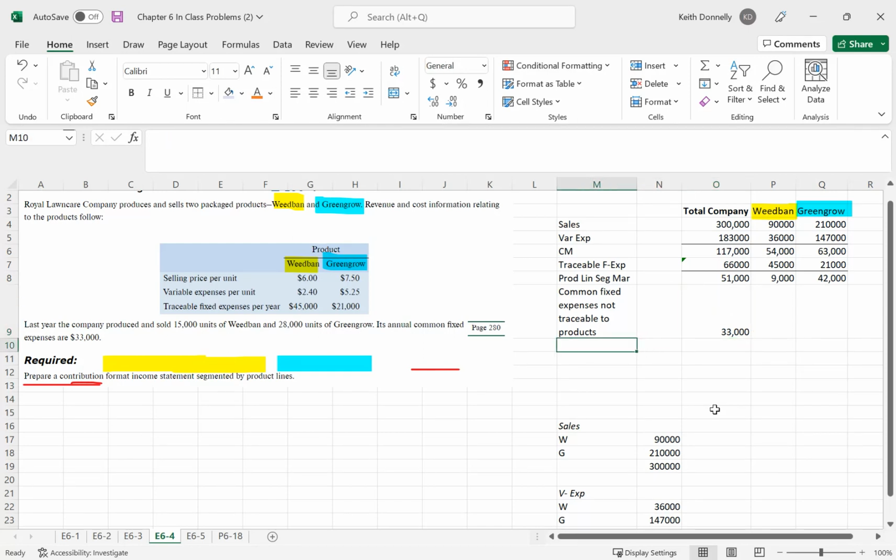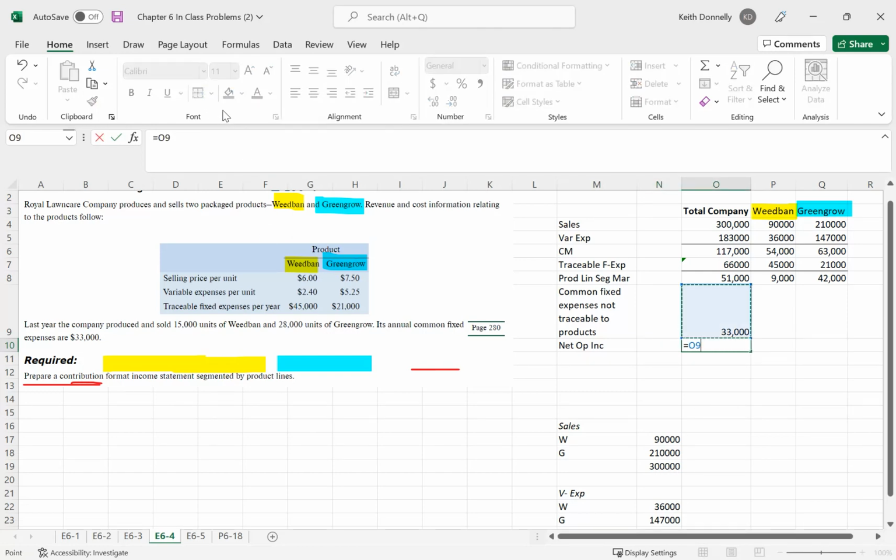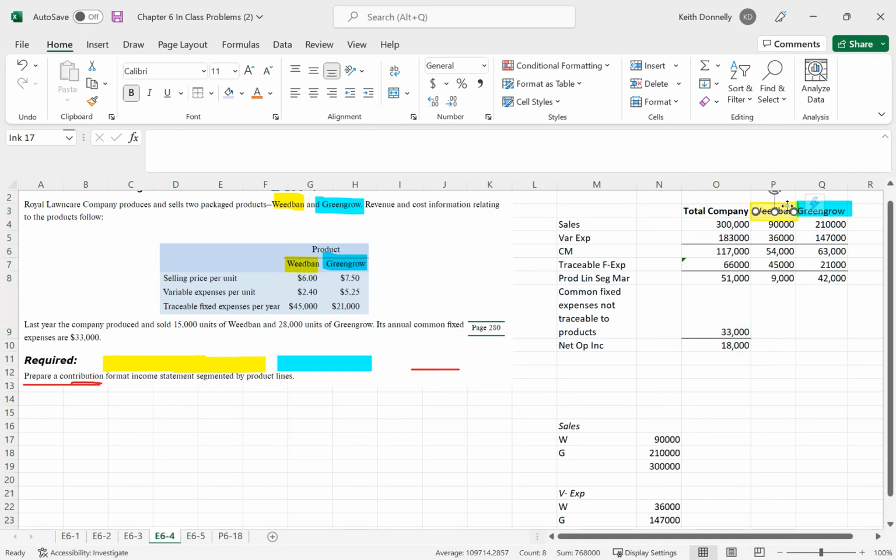So whenever we look at our net operating income for the company as a whole, we're going to be at 18,000. This one wasn't too bad. All we did was look at it from a company as a whole, and from a segment by segment view. For each segment, we're able to find their product line segment margin specifically to that area.